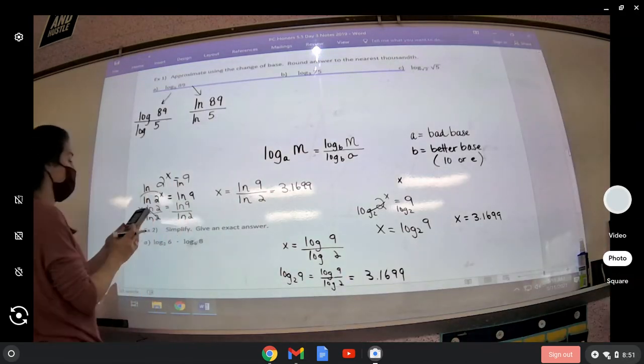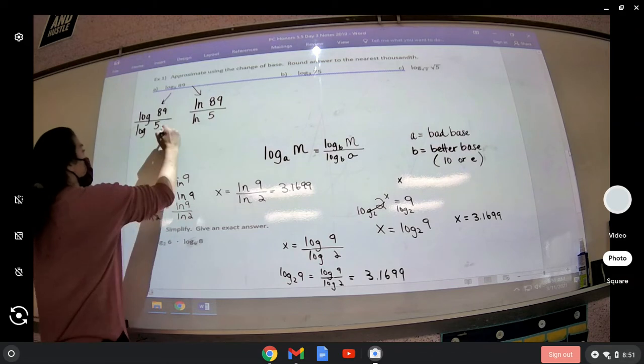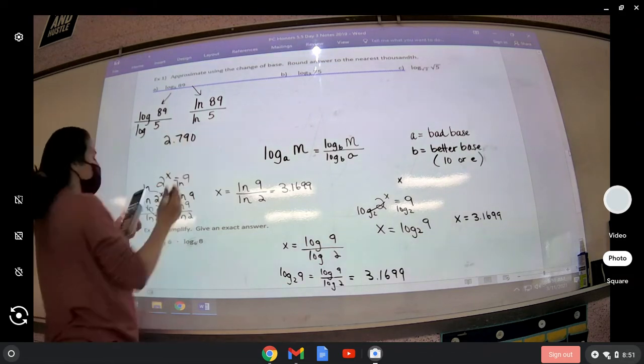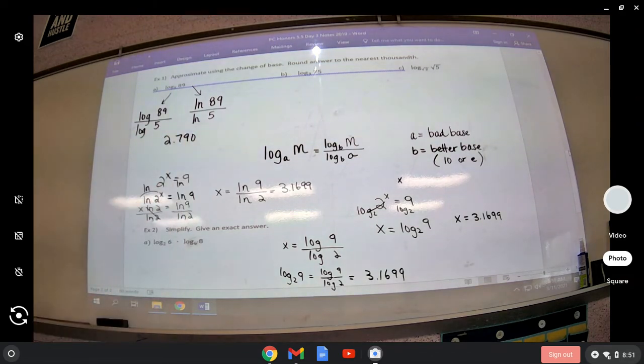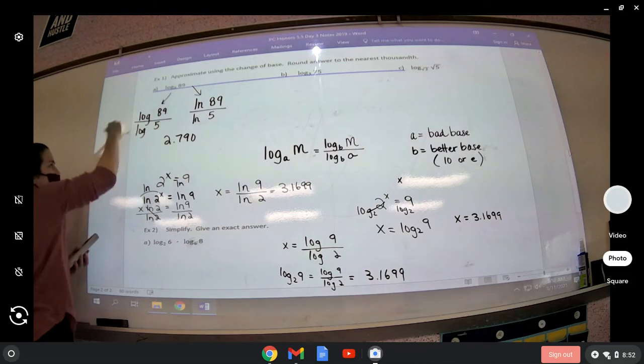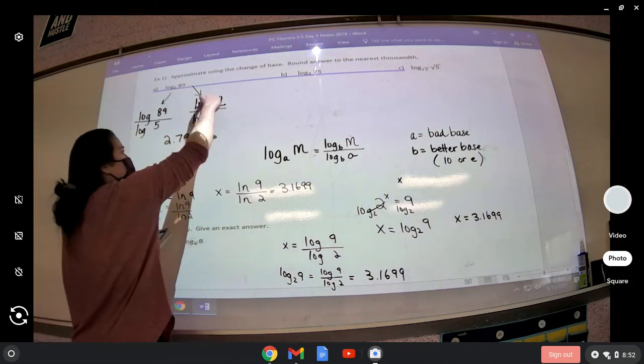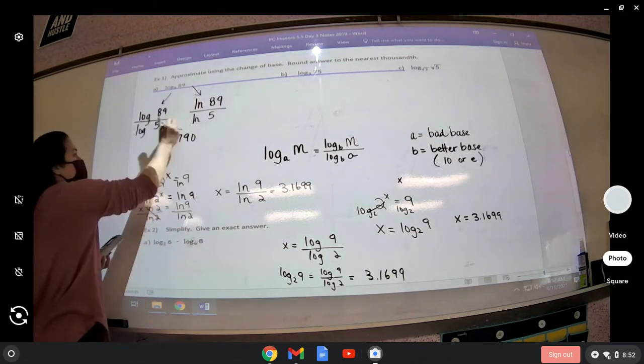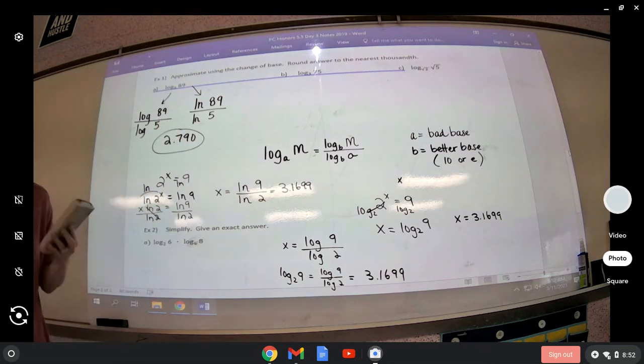What did I say, thousandth? 2.790, if we round to the nearest thousandth. Whether you go right to the button on your calculator, change the base to 10, or change the base to E, all of these get you the same exact missing exponent.